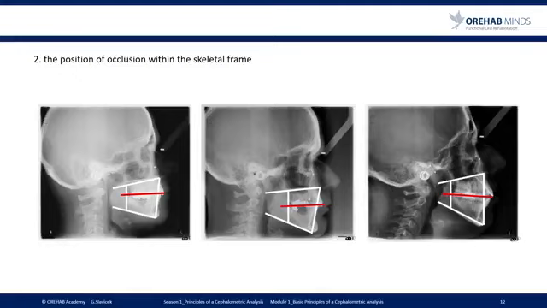All malocclusions can be described, and in malocclusion we can also see a very good relationship to the upper and lower reference planes of this denture frame, of the skeletal frame. The upper is the palatal plane, the lower is the mandibular plane. The occlusal plane has to be in harmony.